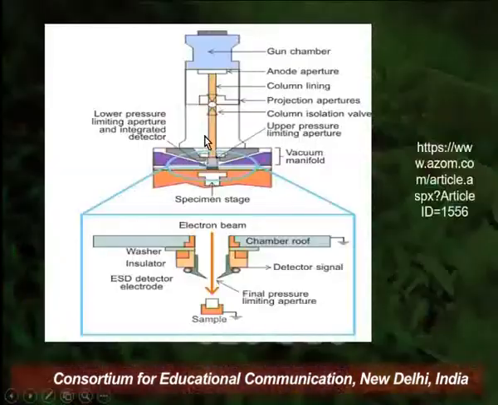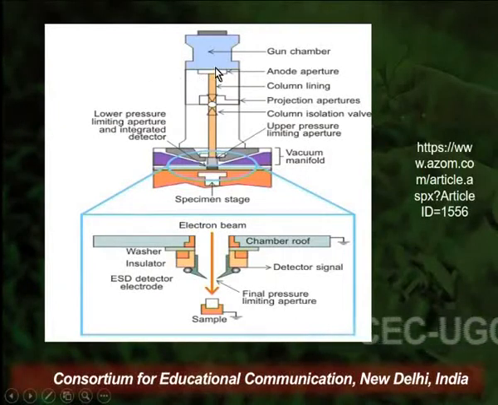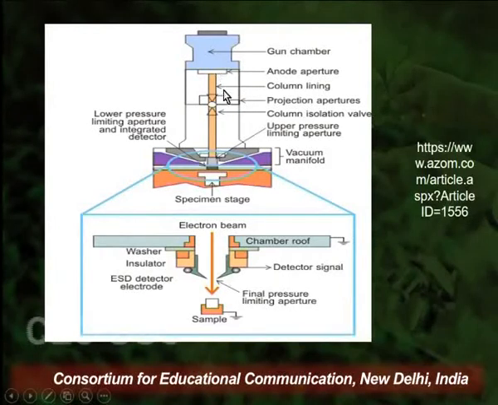So this type of scanning electron microscope uses a special technique, or I would say uses a higher degree of vacuum and other modifications, so that the requirement of freezing or coating or fixing or embedding of the material is not mandatory.